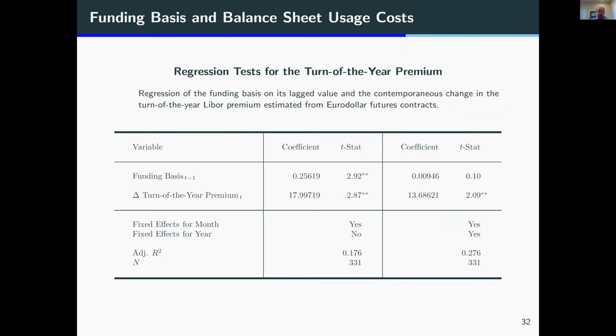Again, yes, it's an interest rate futures market, but it's a totally different market than the Treasury note futures market. Yet we're finding that this funding basis in the T-note futures market seems to be positively and significantly related to this turn of the year premium that we argue is directly related to reluctance to put things on balance sheet. So that's another piece of information.